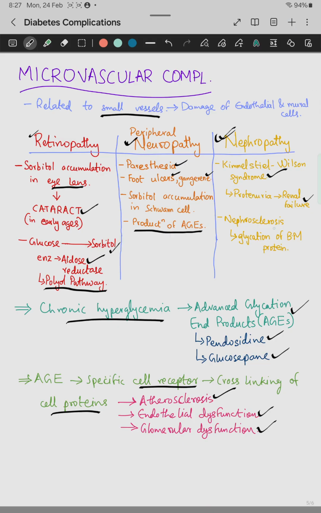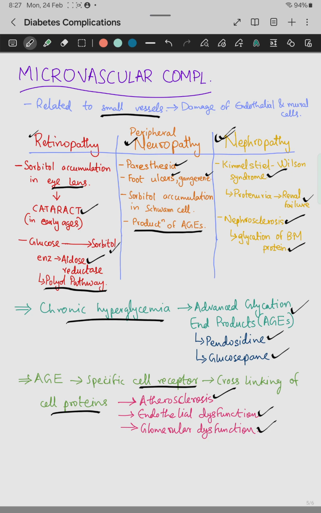In nephropathy, nephrosclerosis is also seen, which is due to glycation of basement membrane proteins. Because the glucose concentration is very high, the basement membrane proteins get glycated, that is, glucose gets added to these proteins, and that causes nephrosclerosis. So these are the reasons for nephropathy.